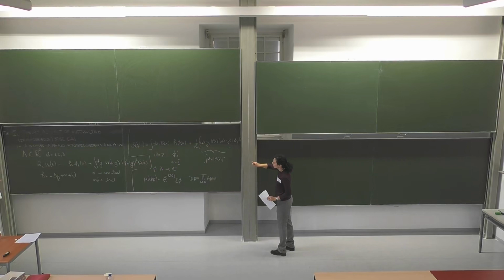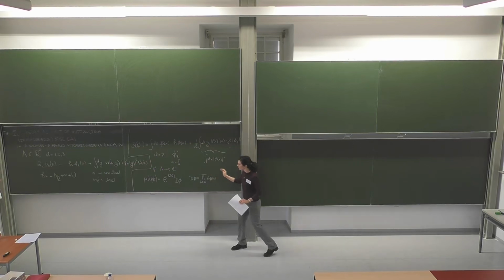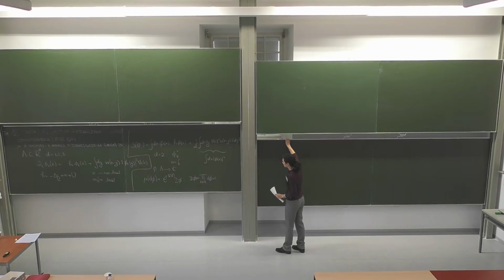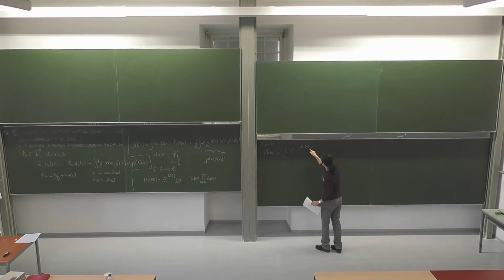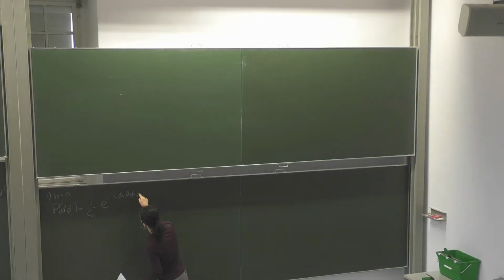Let me explain how we can construct this measure. When the interaction is not there, so we have only the free energy, the measure can be constructed explicitly. This is the free energy functional.